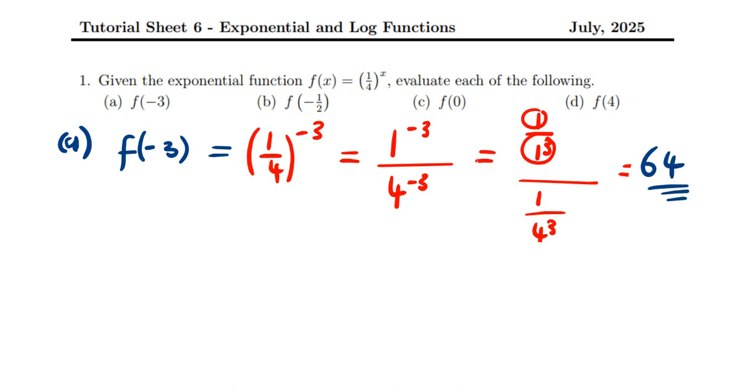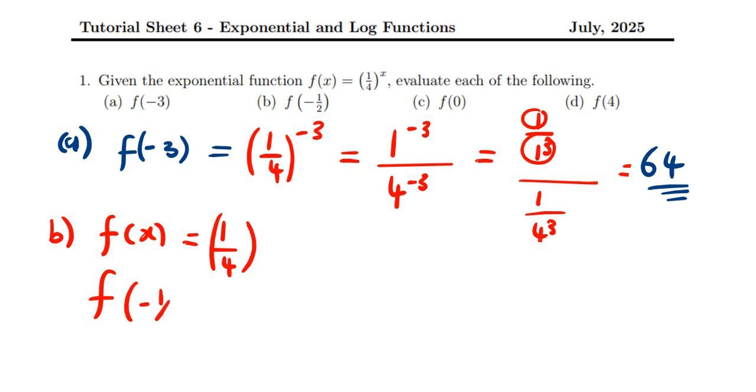Okay, so let's solve b. Now for b, we are saying f of negative 1 over 2. Our function f of x is (1/4) to the power x. So if you are saying f of negative 1 over 2, we're just going to replace where there is x.